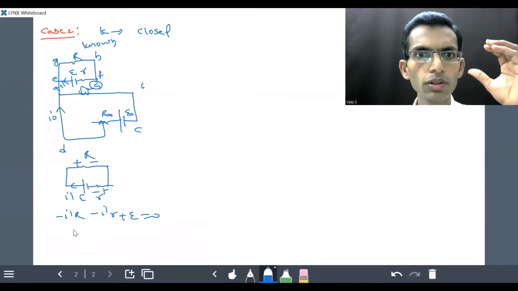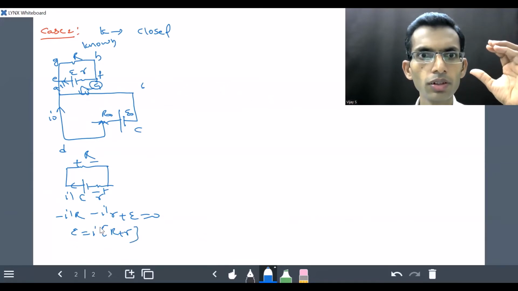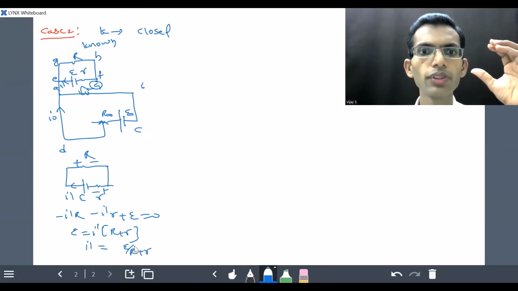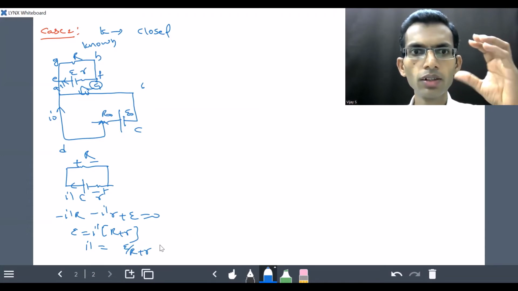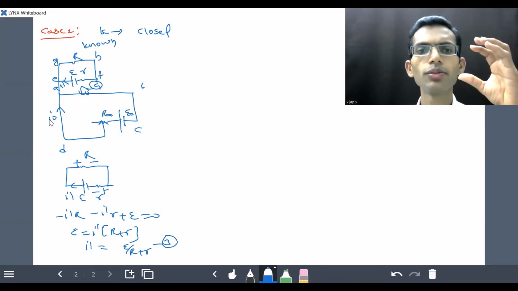So E is equal to I dash into R plus r, and I dash is equal to E by R plus r. This is the current. Let me take it as equation 3.